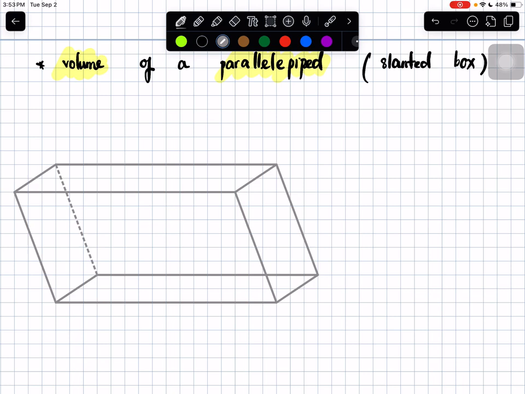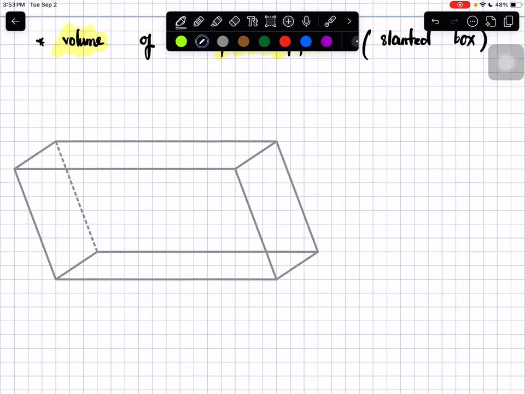Let's put the plane x, y, z coordinates here. So assume that we have three vectors corresponding to three sides here.